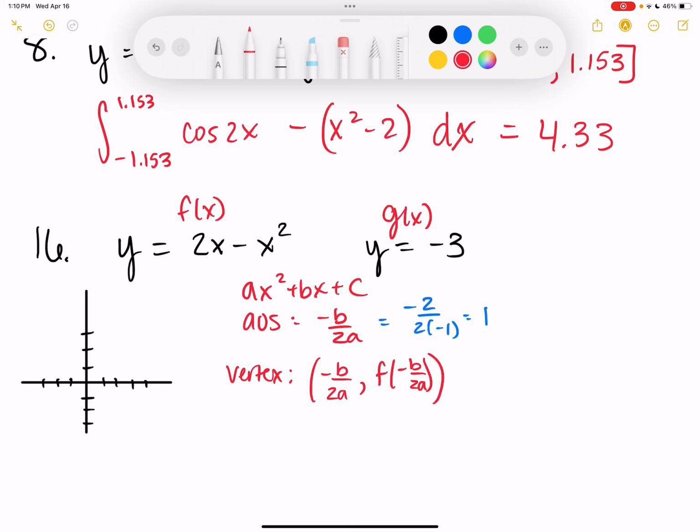So what is the y value when x is equal to 1? So my vertex is at 1, 1. Which also means, just as a refresher, that there would be an axis of symmetry here. How would I find another point?